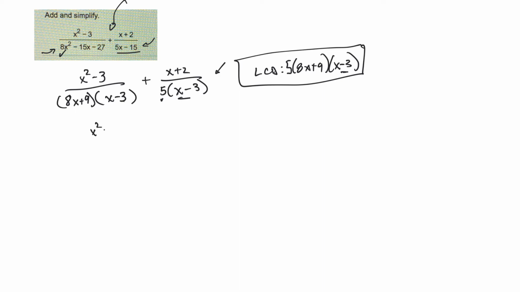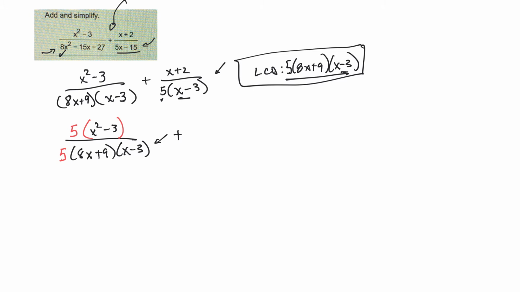So this is what I have so far. I have x squared minus 3 over 8x plus 9 times x minus 3. That's what I have, but the denominator, how is this one different than this one here? There's a 5, so I need to include a 5 here on the bottom. But if I include a 5 on the bottom, I also have to include a 5 on the top. So I multiply both top and bottom by 5.